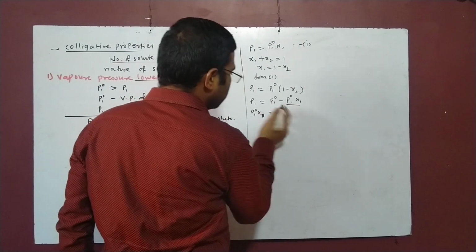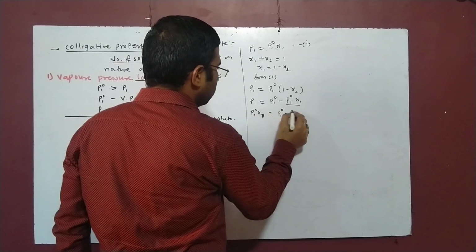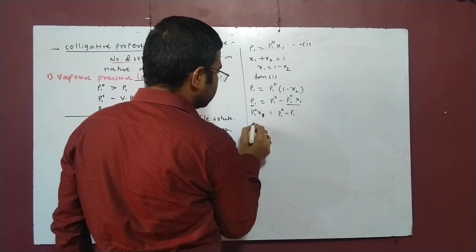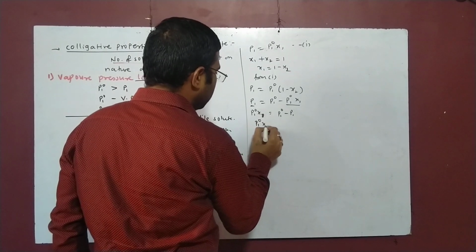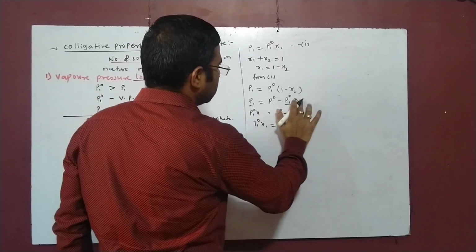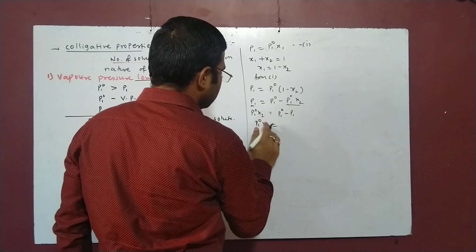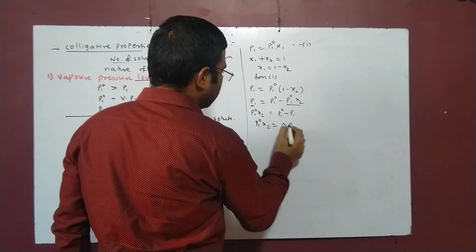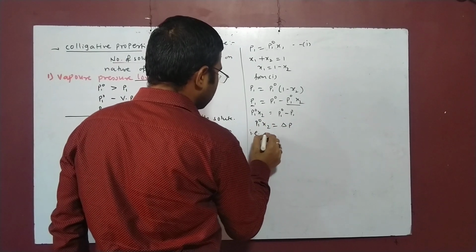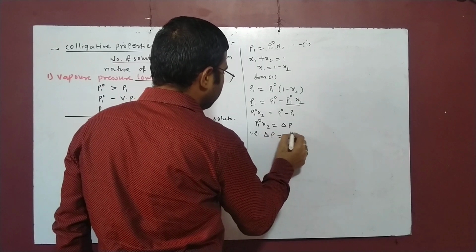Now take this term to the left hand side: P1⁰ minus P1 is equal to P1⁰ X2. So we get delta P is equal to P1⁰ X2.